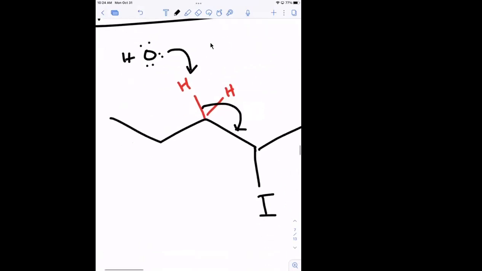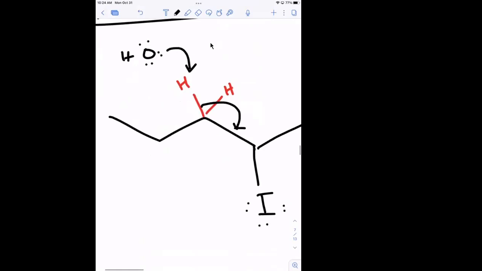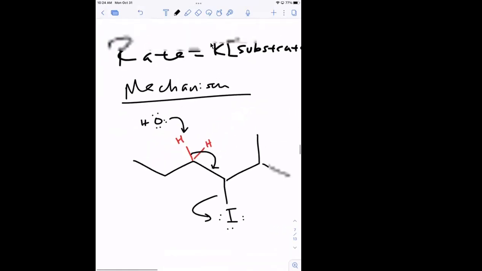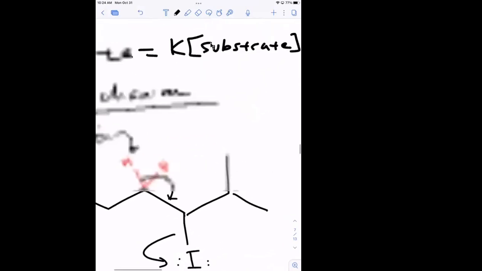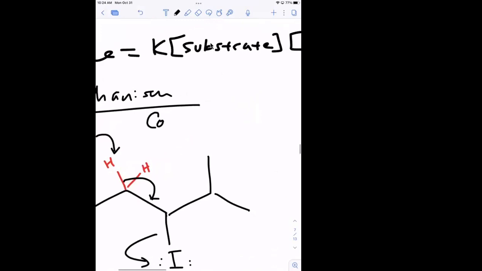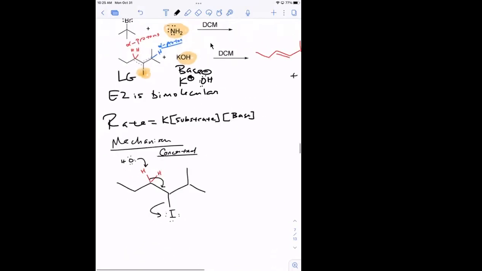And then at the same time, I'm losing my leaving group. It all happens at the same time. It's concerted. So let's think back to when we were looking at the SN2.